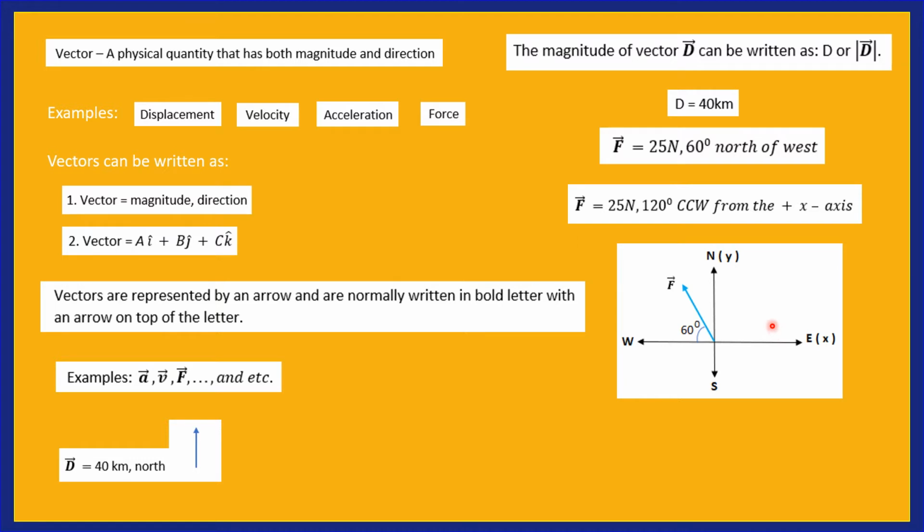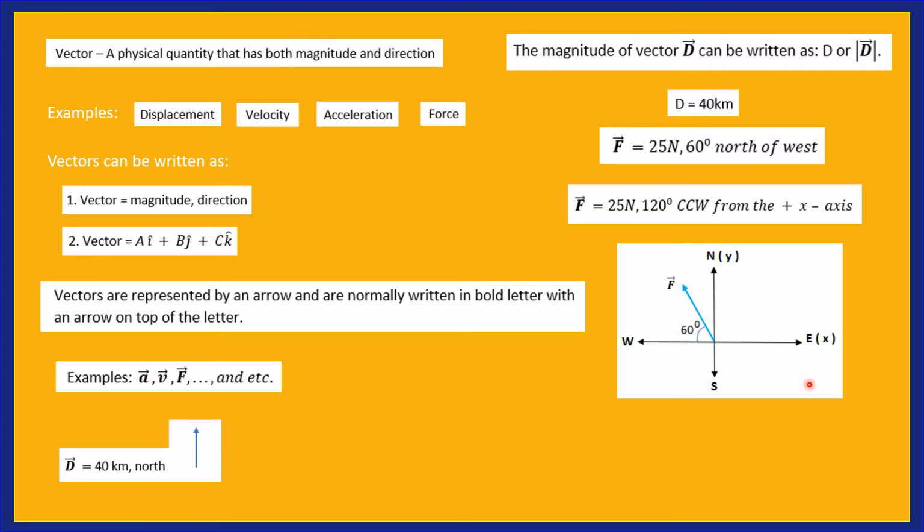So we have 90 plus, let's say this is 30, equals 120 degrees. Or we have 180 minus 60 is equal to 120 degrees. It's counterclockwise. Counterclockwise direction means positive angle. If we measure the angle clockwise, then we have a negative angle.